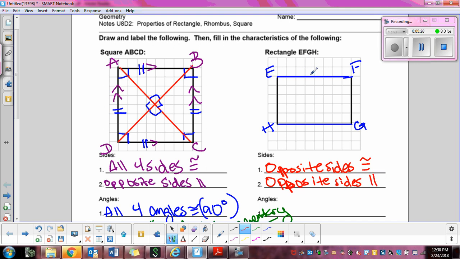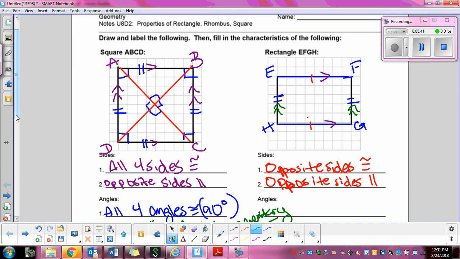So what that means is this side is equal in measure to this side, and this side is equal in measure to this side, and this one is parallel to this one, and this one is parallel to this one.